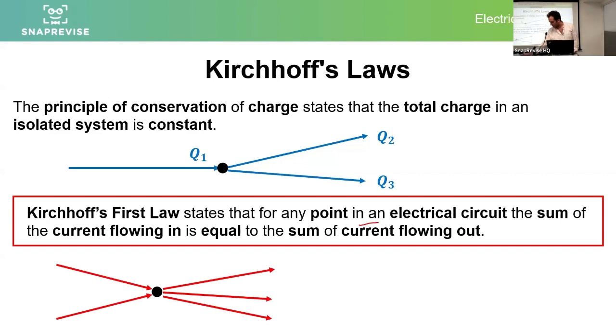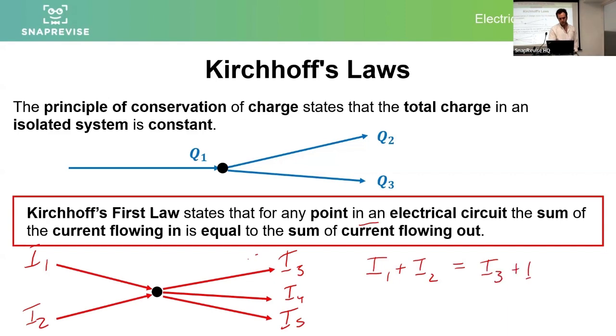So if I label these currents, we've got I1, I2, I3, I4, and I5. We're saying that Kirchoff's current law applied to this circumstance would say I1 plus I2 is I3 plus I4 plus I5.